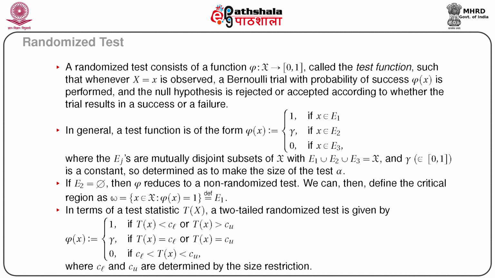Note that if a sample point falls in the region E2, then we perform a random experiment with probability of success gamma, and if success appears, we reject H0, otherwise accept.